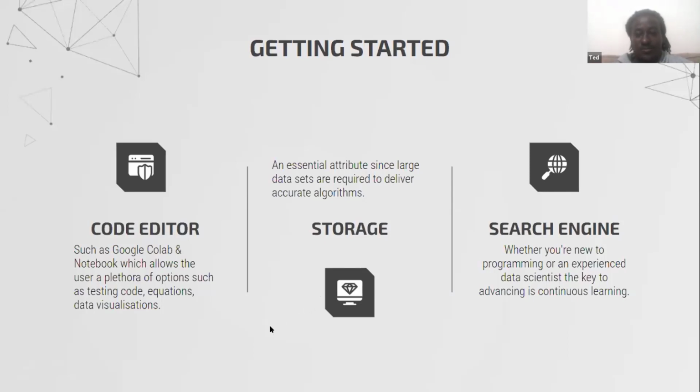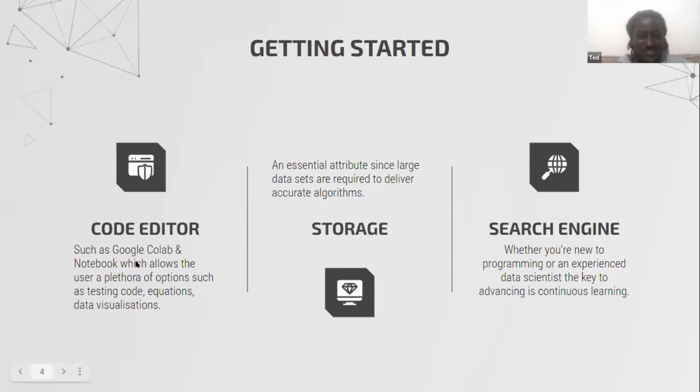The code editor could be something such as Google Colab or Jupyter Notebooks. Jupyter Notebooks is easy when you want to work offline, but Google Colab is better when you want to work online and you can get extra GPU, just like Lawrence mentioned.